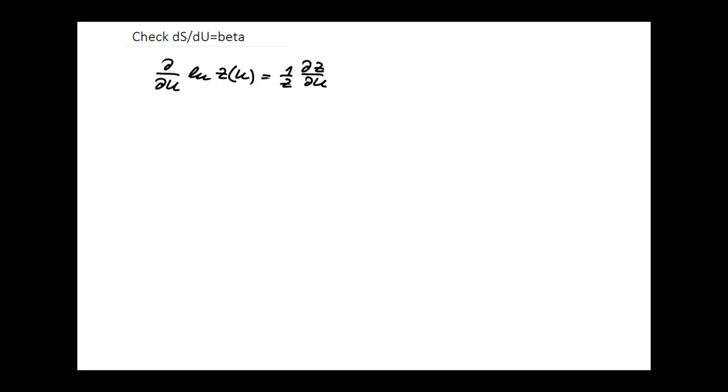Remember the formula for the partition function as a function of u, that was the square root of (u over h bar omega) squared minus 1/4. The derivative of a square root is 1 over 2 times the square root. And then we need the inner derivative of the expression under the square root. That was (u over h bar omega) squared.